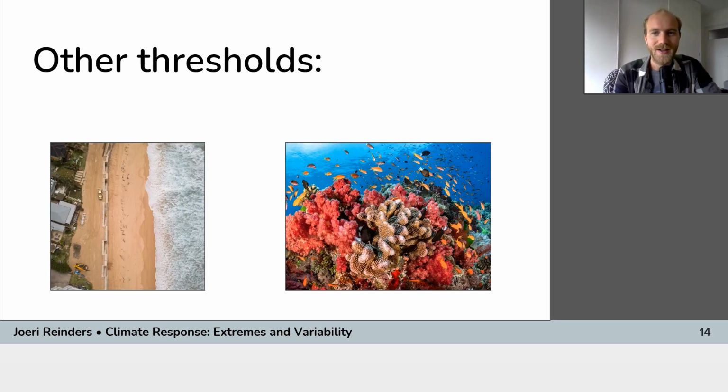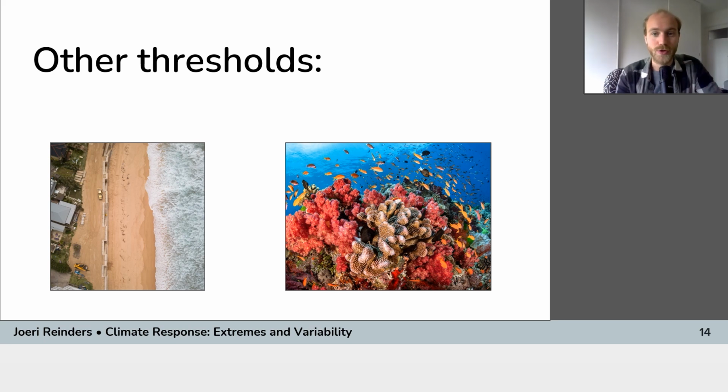And then finally, I want to make you aware of the many different thresholds that you could think of. Of course, we talked about infrastructure right now, and there are different types of infrastructure that you could think of. Also things like energy systems: how much sea level height can an offshore wind farm, for example, handle, or what types of waves. Those are things that you can assess.